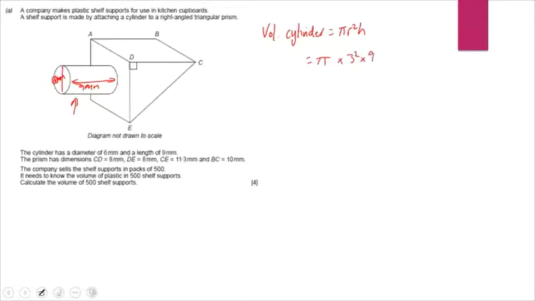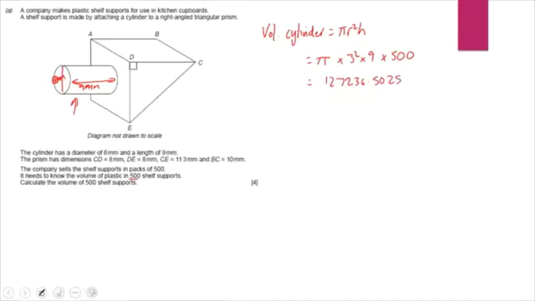And then I'm going to multiply that as well by 500 because we need 500 of these. So in total, you get the following: 127,234.5025.